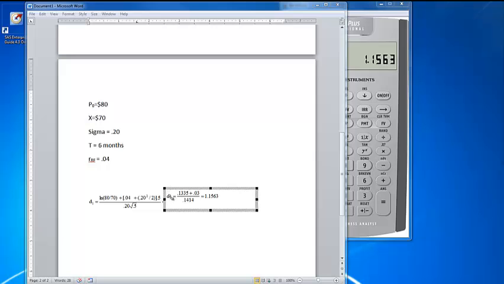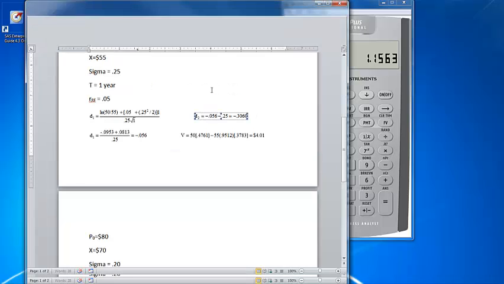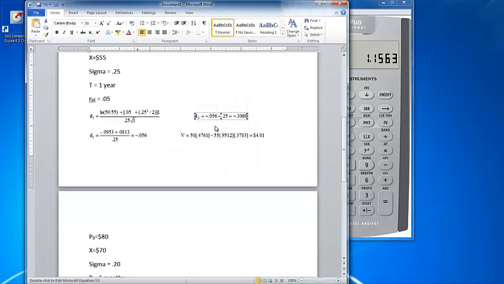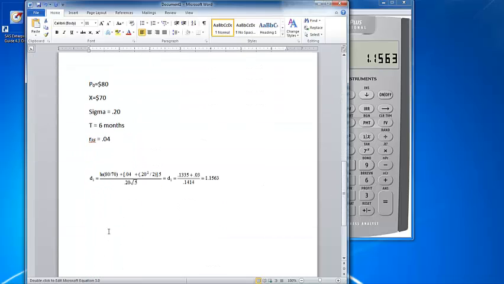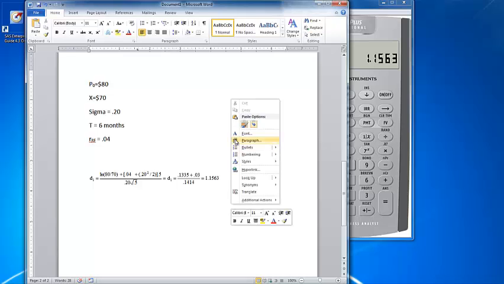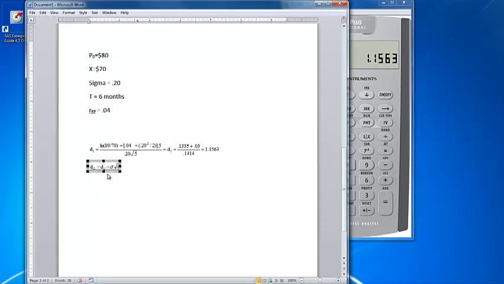Alright, so since we have D1, now we'll calculate D2. So D2 is equal to D1, 1.1563, minus 0.2 multiplied by the square root of 0.5.